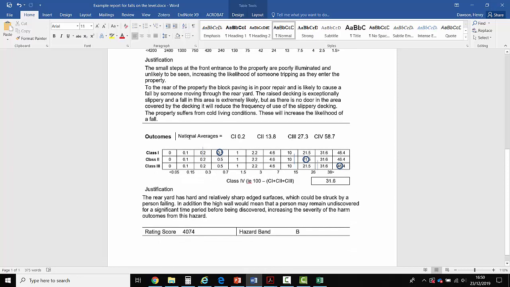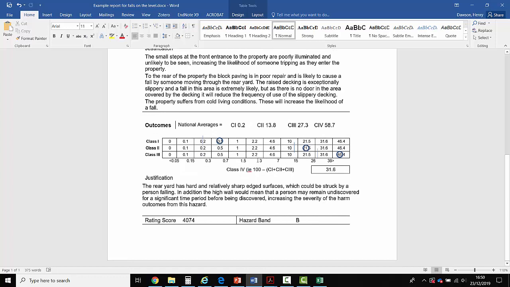The raised decking is exceptionally slippery, and a fall in this area is extremely likely. But there is no door in the area covered by the decking, so it will reduce the frequency of use of the slippery decking. So we're saying it is bad, but it's not quite as bad as it could be if it was on a regular thoroughfare. The property suffers from cold living conditions. These will increase the likelihood of a fall.